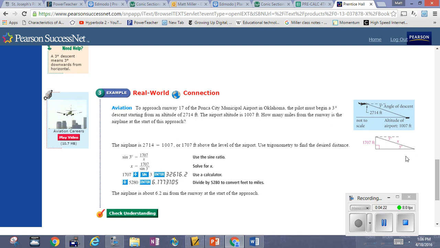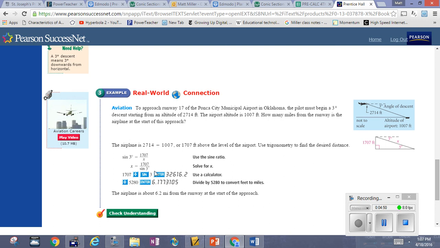It looks like we're going to use a sine ratio here. We're looking for the value of x, which is the hypotenuse, so we use the sine value. Work it out. They're asking for the value in miles, so we have to use the conversion, 5,280 feet to a mile.